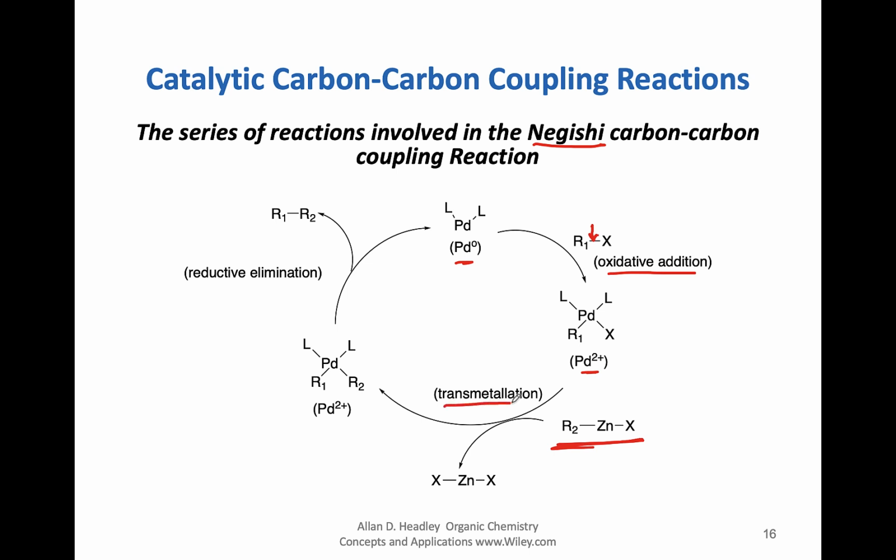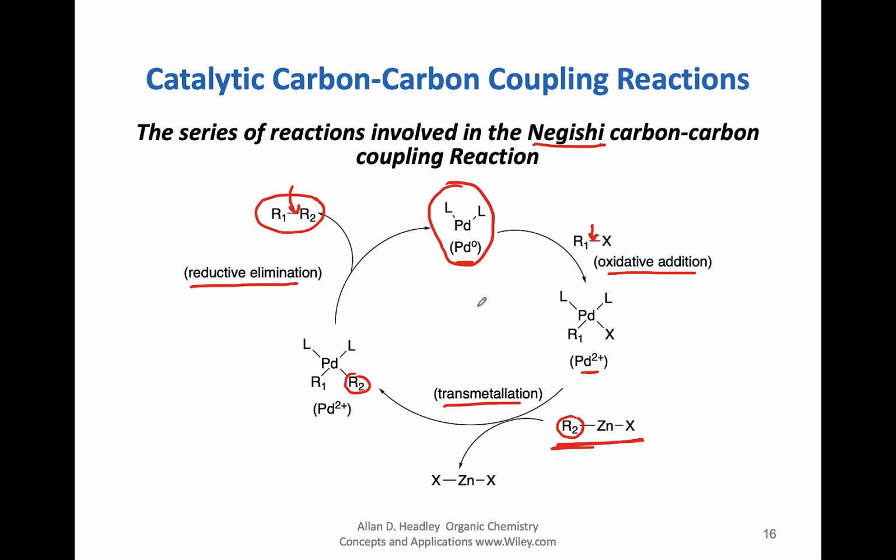A transmetallation puts R2 onto this palladium. As you can imagine, a reductive elimination gives our product with the new bond here, and of course regenerates the catalyst, which is now ready for another cycle.